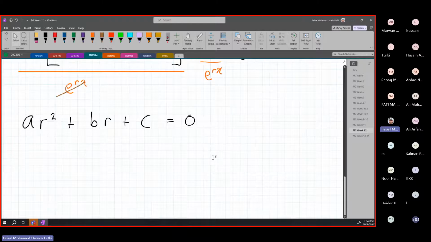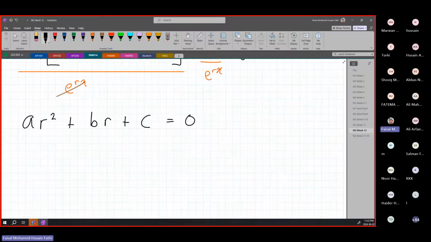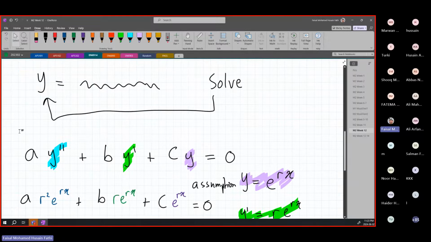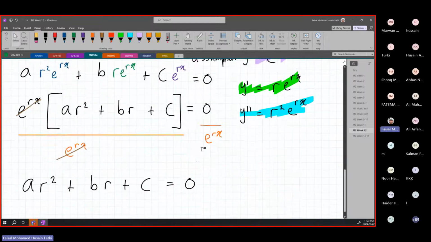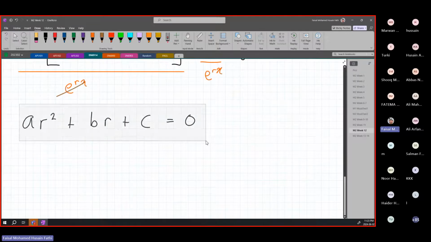So the first case is, let us say we are having, let's give numbers for a, b, and c, all right? So let's say we have this equation, r squared, or actually, let me write it in differential equation form. So let's write it in this form, and then we can plug it in to this form.